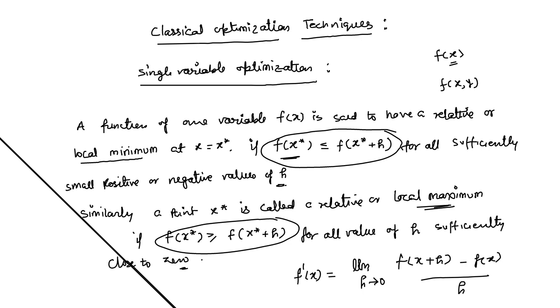In the numerator, if f(x star) is less than f(x star plus h), depending on the value of h, that gives a local minimum. Similarly, f(x star) greater than f(x star plus h) gives us the local maximum.